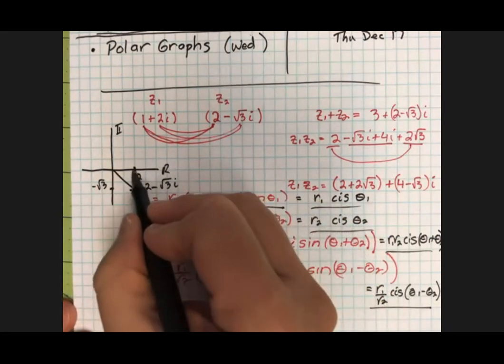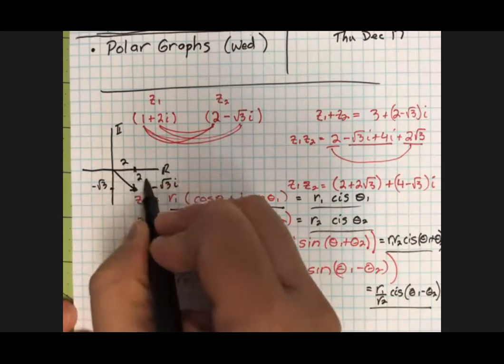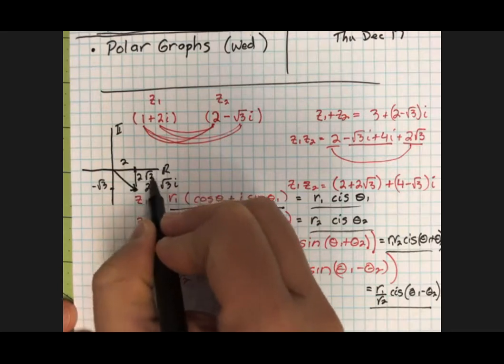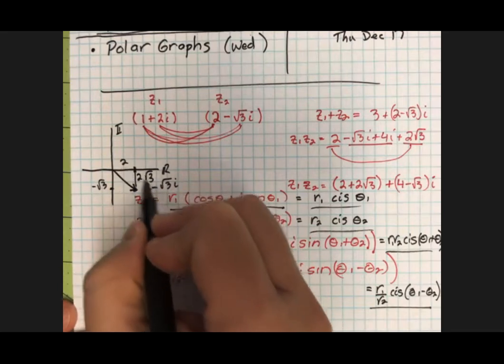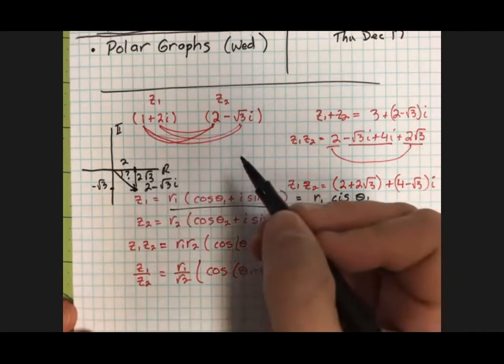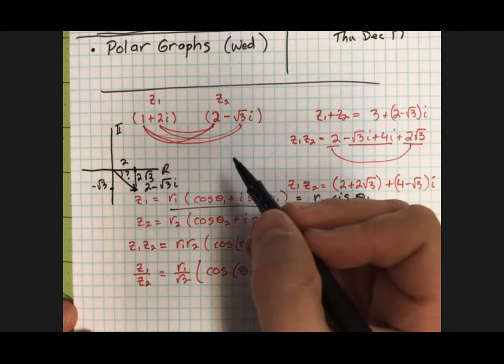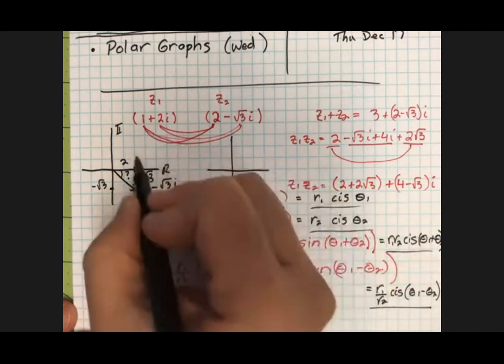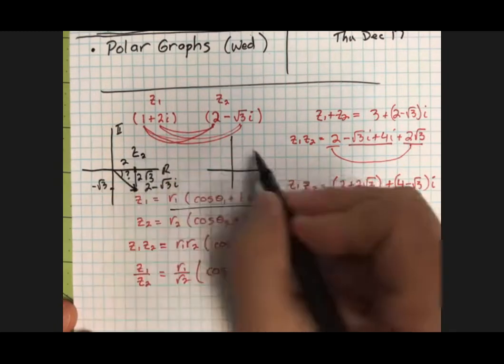Now you could figure out this angle by saying here's a 2, here's a root 3, here's a triangle. What's the inverse tangent of root 3 over 2? And then you can name that angle right there. Likewise, this is Z2. I did it backwards.